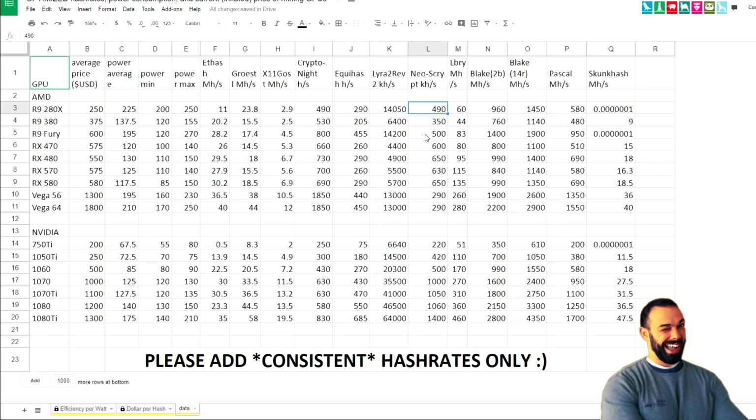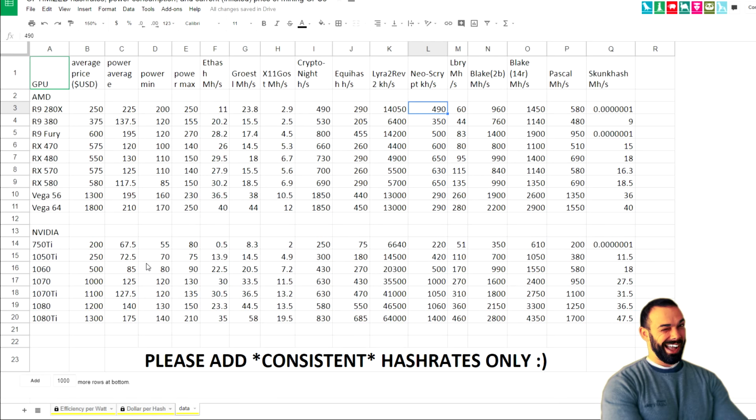It almost jumps over to the R9 Fury. It almost doesn't make sense to mine NeoScrypt on the R9 380 because the hash rate dips. It goes lower for certain algorithms, including Lyra as well. But right there, the 280X for the cost is hard to beat, because for the price of an R9 Fury, you can have two 280Xs and double the hash rate, right?